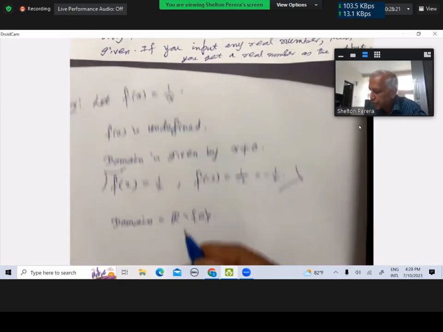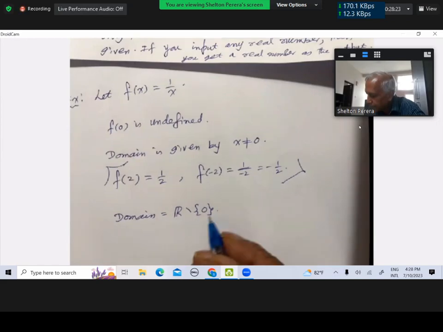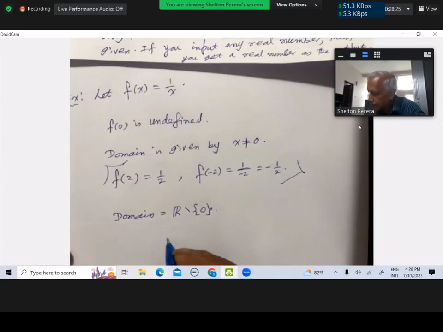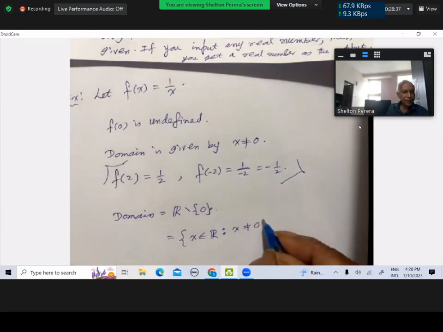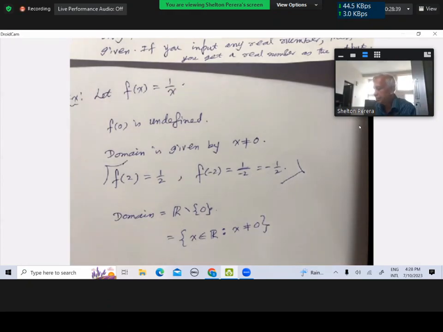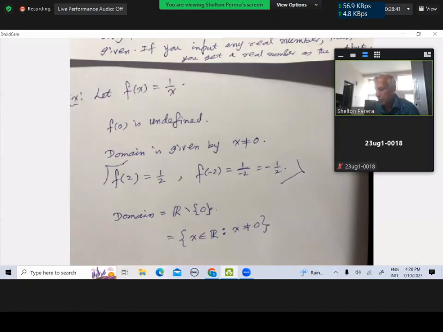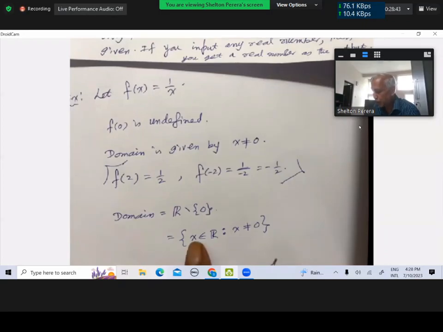Another way, if you don't like this, you can say using set notation: x belongs to R such that x not equal to 0. That is another way to say that. What is x?